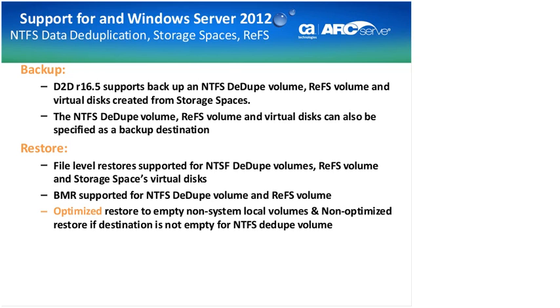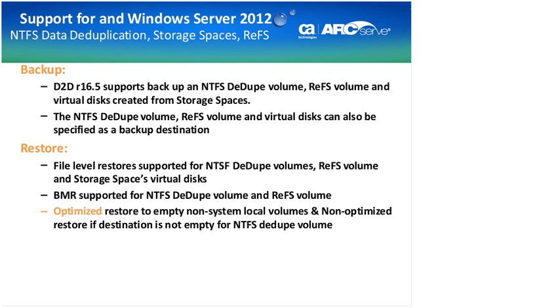The NTFS dedupe volume, ReFS volume, and the virtual disk created from the storage space can also be specified as a backup destination itself. In terms of restore, file level restore is fully supported for NTFS dedupe volume, ReFS volume, and storage space virtual disk.